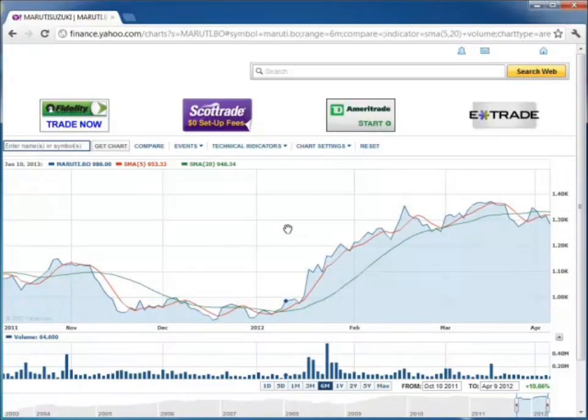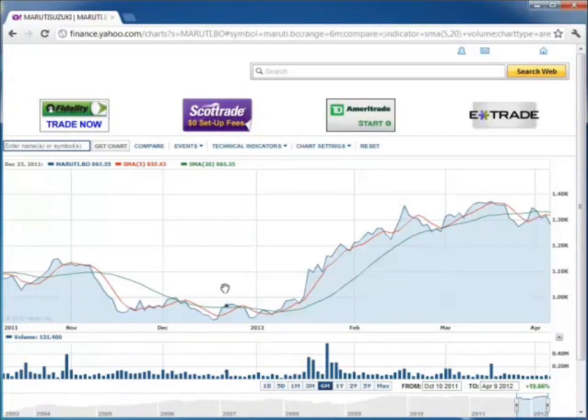Now what we can see is that the 5-day moving average is more volatile than the 20-day moving average, which is the green one. And they often cross, right? There's a cross here, there's a cross here, there's a cross here, etc. And this is how we plot a moving average.